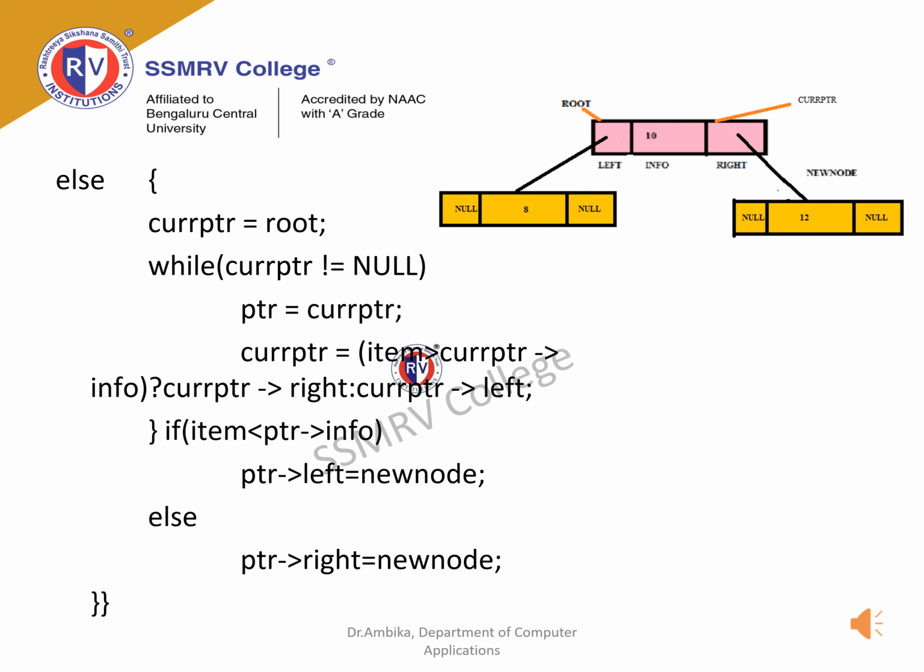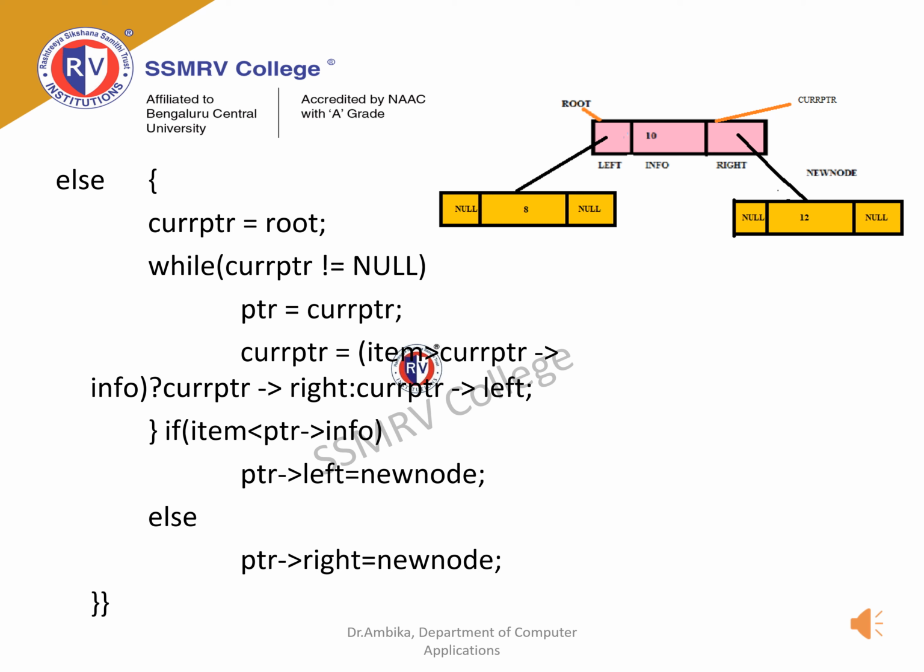While the statement item is greater than CURR PTR info is evaluated, 12 is greater than 10, hence placed to the right. That is, CURR PTR right is executed and assigned to CURR PTR. That is, CURR PTR points to 12.